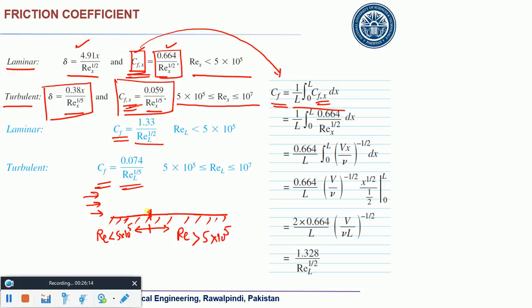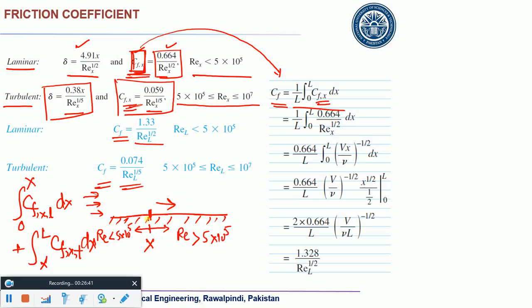Integration in parts. You have to integrate this relationship from 0 to, let's say, capital X. So you have to perform this integration of CFX laminar, I am just putting L over there, from 0 to capital X dx, and then you have to perform the other integration from capital X to L for CFX for turbulent values.